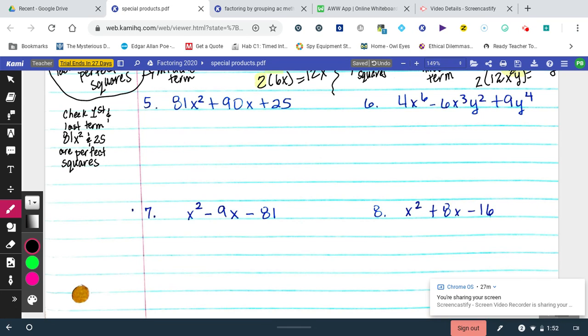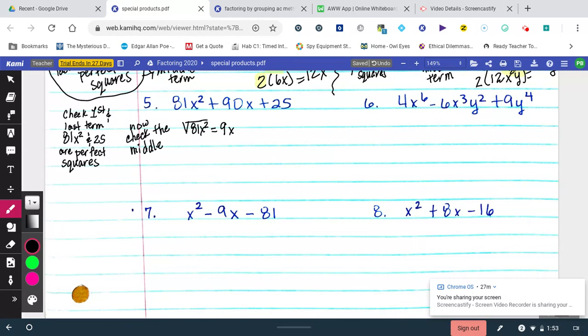Okay, now we're going to check the middle. If we check the middle term, we have to take the square root of the first. So the square root of 81x squared. Okay, the square root of 81 is 9. The square root of x squared is x.